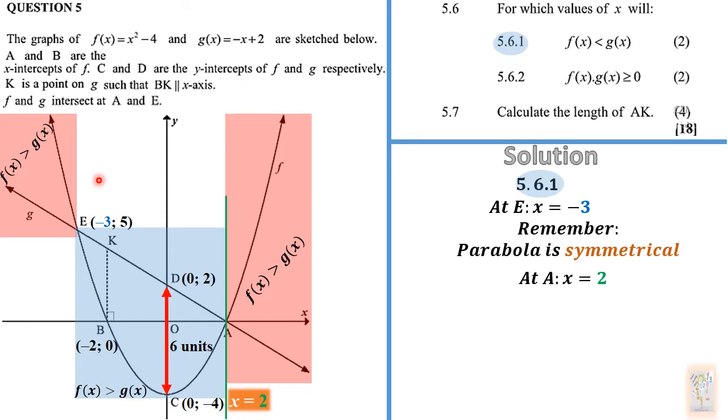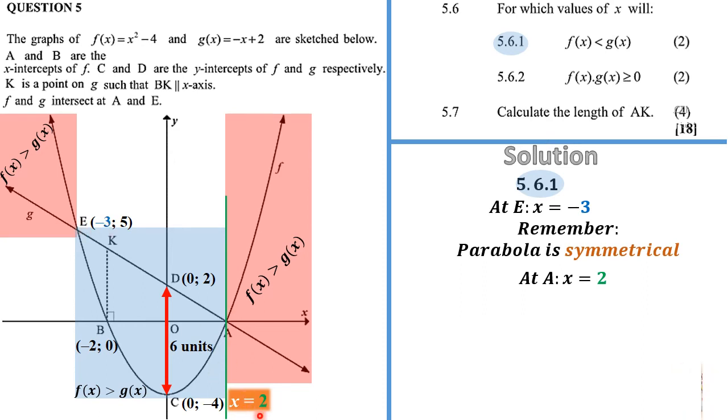But we are looking at the values of x here. So we want the values of x. This region starts from E and ends at A. So we want the value of x at E and the value of x at A. At E, x is minus 3, and at A, x is equal to 2.